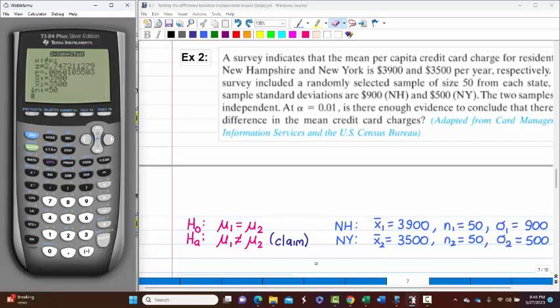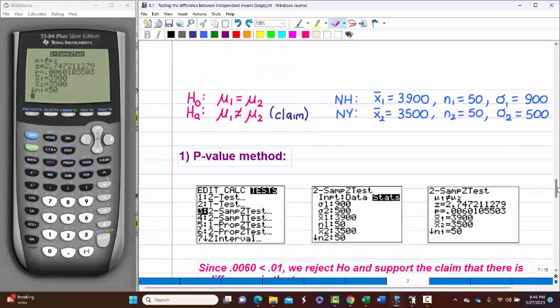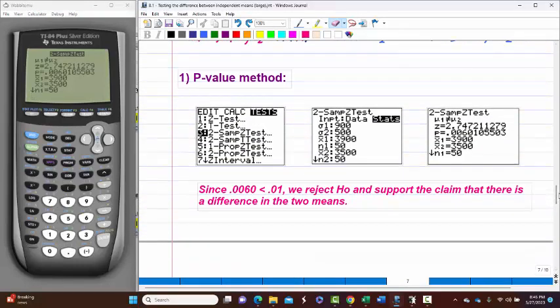And let's see what we have. The p-value you can see is 0.0060. That is less than 0.01. See, it's got that extra 0 in front of it. Be careful.